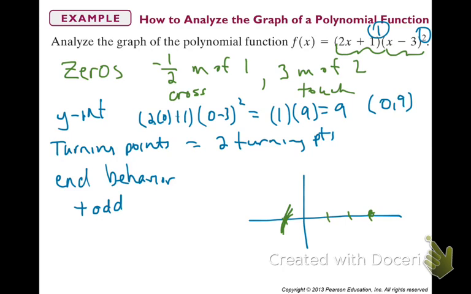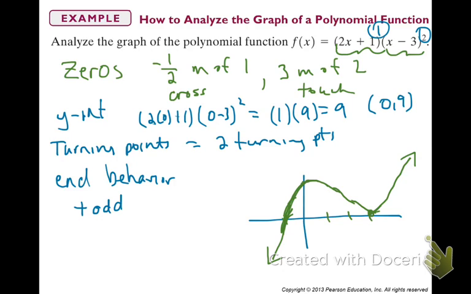Your y-intercept is at 9, so up here somewhere. So what are you going to have to do? You're going to have to go up here, touch that. I'm way too far out over here. And then we're going to come back down. We're going to touch, right? That one just touches, and then it's going to bounce back up.